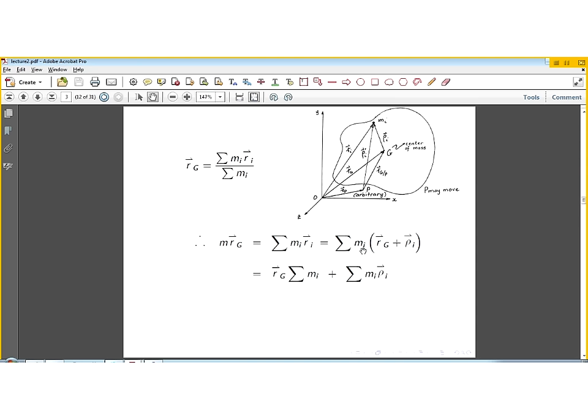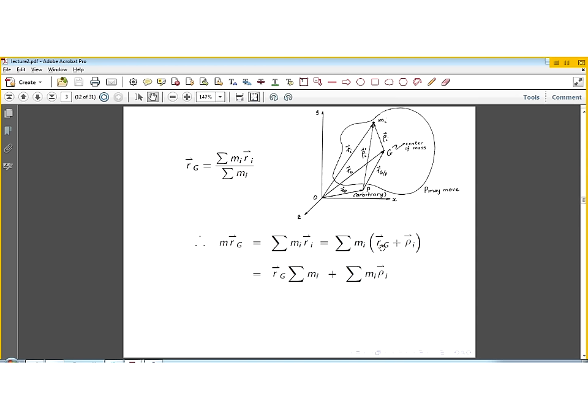But if I look at the first summation, the summation of m sub i times r sub g, I see that I've got n terms in that summation, where n is the number of particles in my system. But for each of those terms in the summation, I have r sub g as a common factor. The position vector of g is a common factor in all of the terms in the first summation.